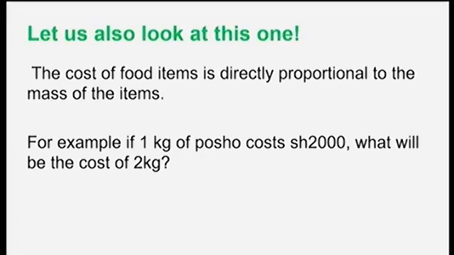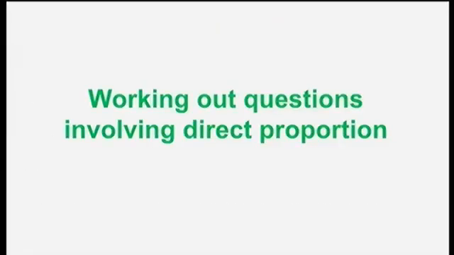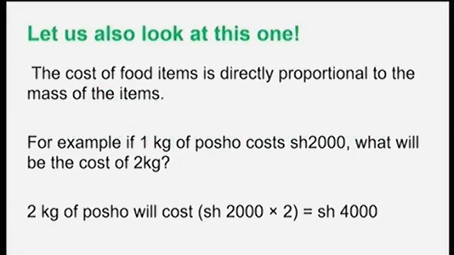What will be the cost of 2 kilograms? 2 kilograms will cost 2,000 shillings times 2 to give us 4,000 shillings. We are multiplying by 2 because they are 2 kilograms, and each is 2,000 shillings. So that is another example of direct proportion.